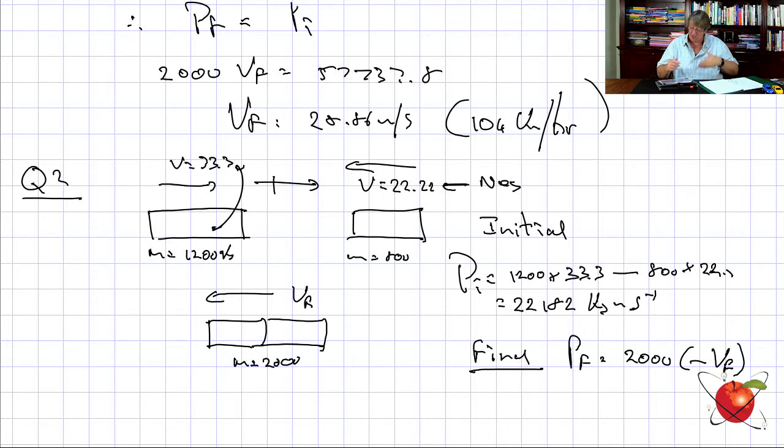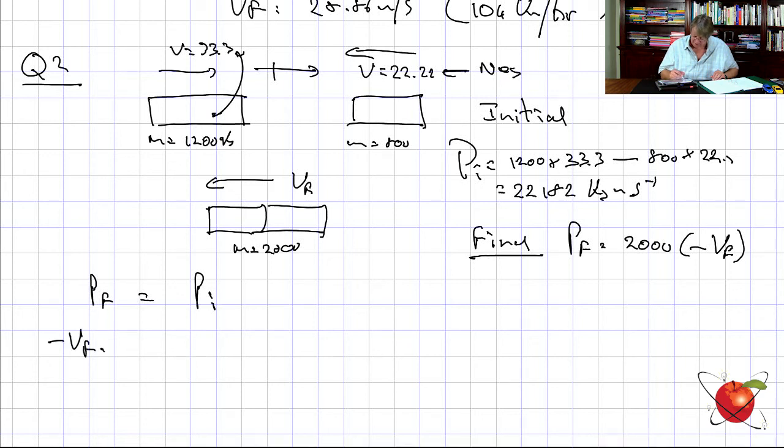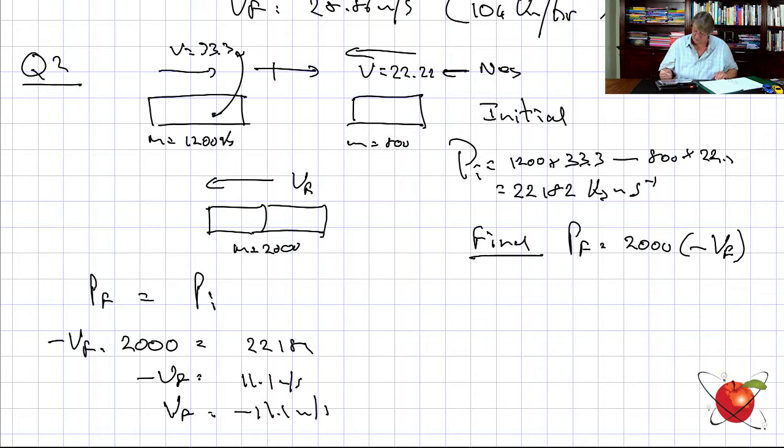Therefore, what do I do now? I put, let me move up a little bit. I put P final equals P initial, or the other way around. Therefore, minus VF times 2000 is equal to 22,182. Therefore, minus VF is equal to 11.1 meters per second. Therefore, VF is equal to minus 11.1 meters per second.